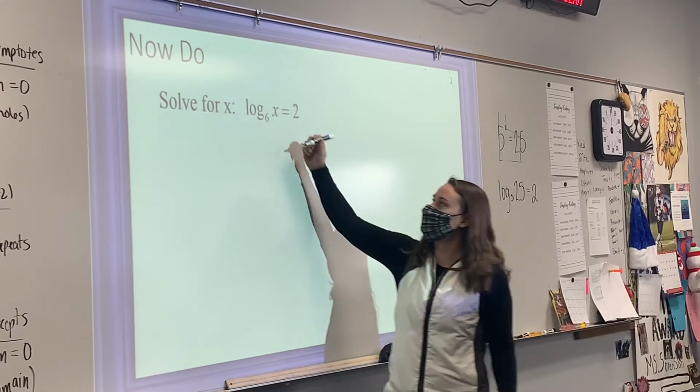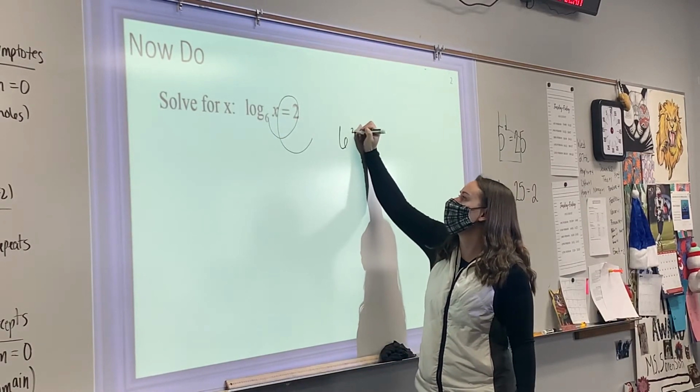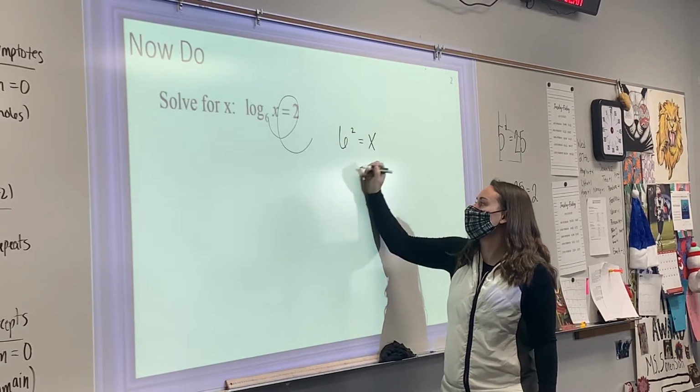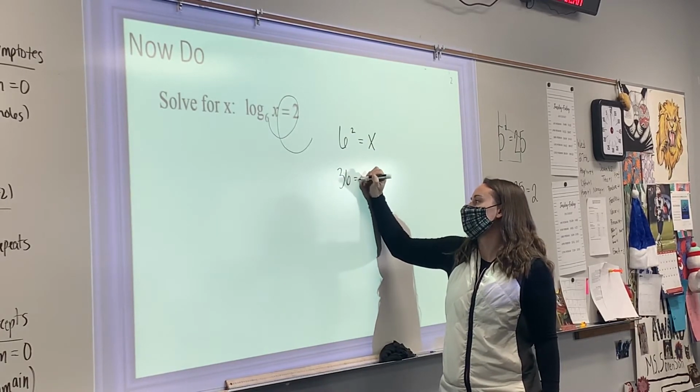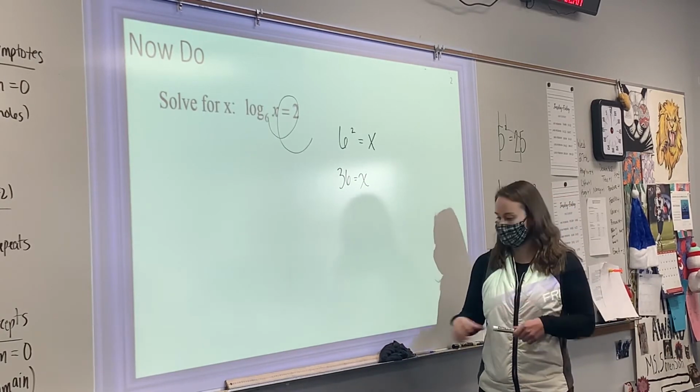Alright, so you should have rewritten this as an exponential equation. This becomes 6 squared equals x. Well, this is 36 equals x. How'd we do? Nice.